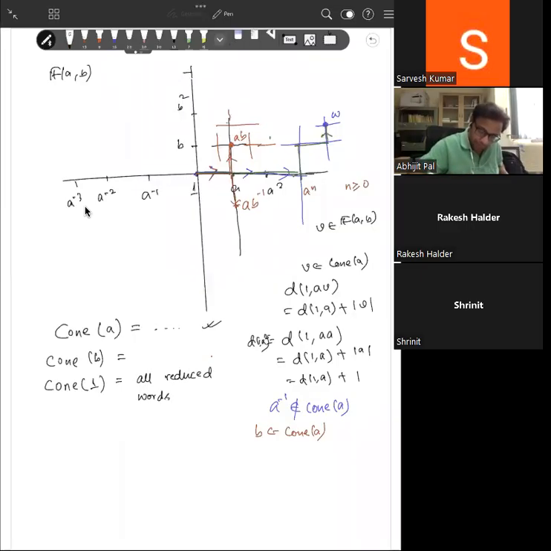So the identity won't be there in the cone of 1, because the distance between 1 and 1 is 0, and I want the distance between 1 and 1 to equal the distance between 1 and 1 plus the length of 1, and I take the length of the identity element to be 0. So all reduced words you will get.